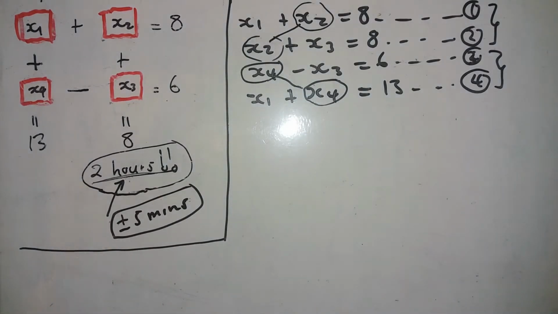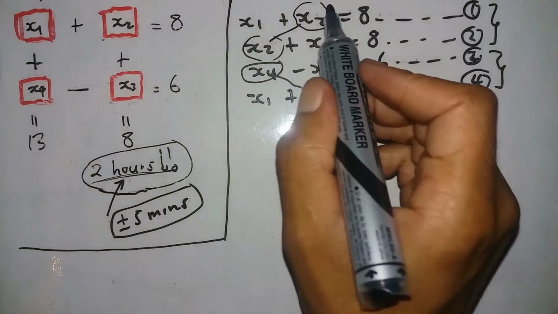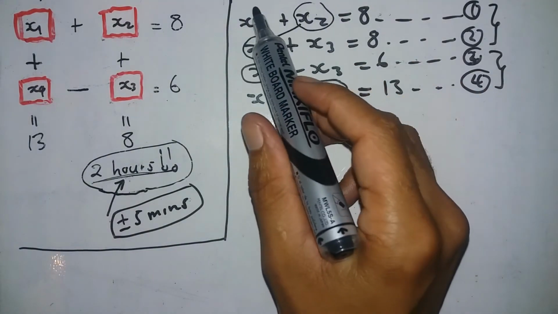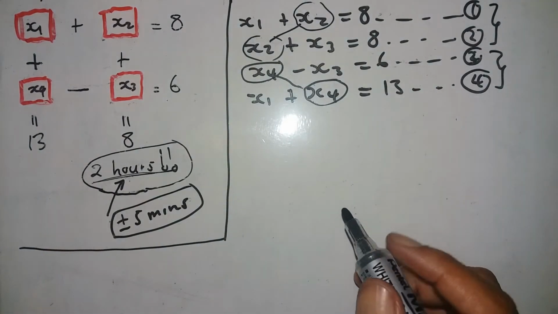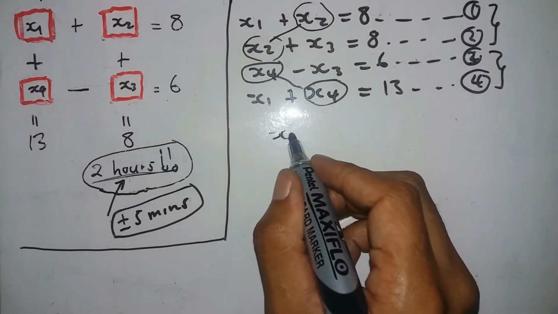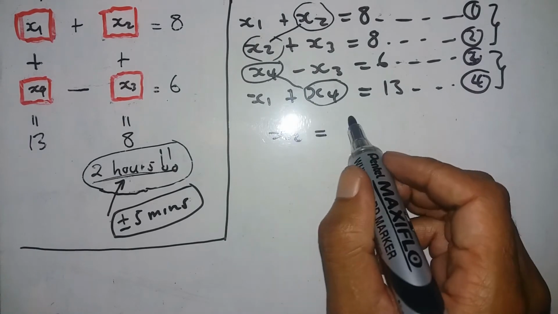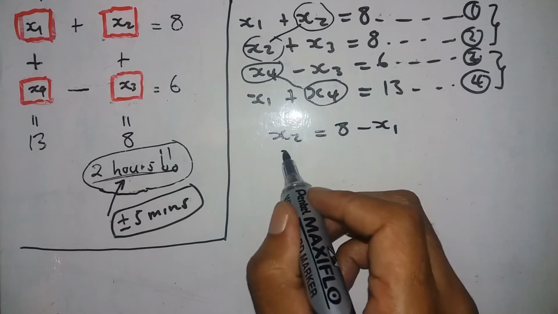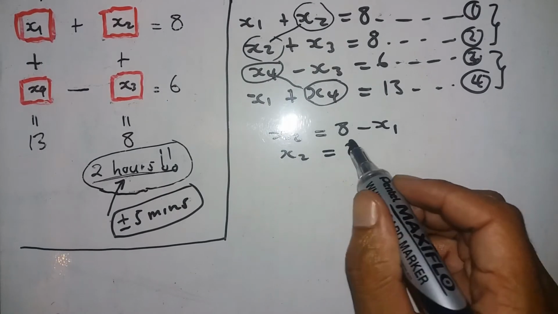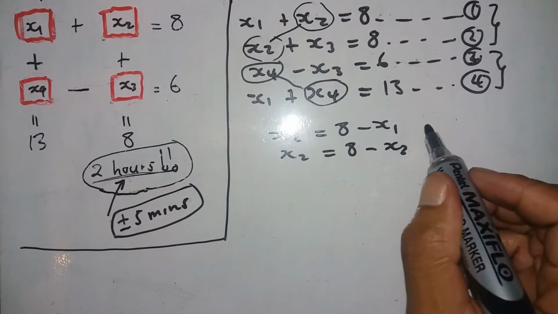After pairing them up, I calculated the x2s in terms of x1 and x3. So x2 is equal to 8 minus x1, and x2 is equal to 8 minus x3.